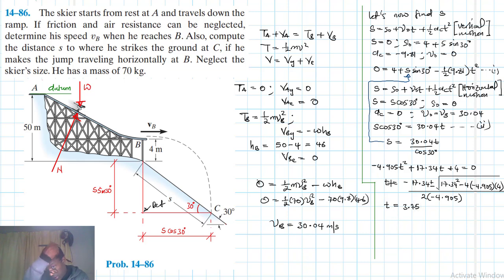So S, we said, is equal to 30.04 t, which is 3.75, divided by cos 30. So S is equal to 30.04 times 3.75 divided by cos 30.